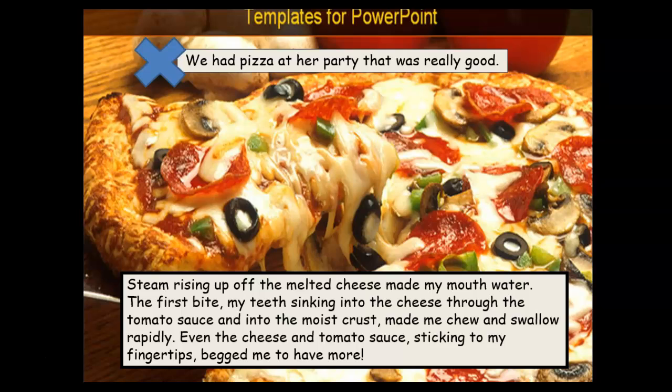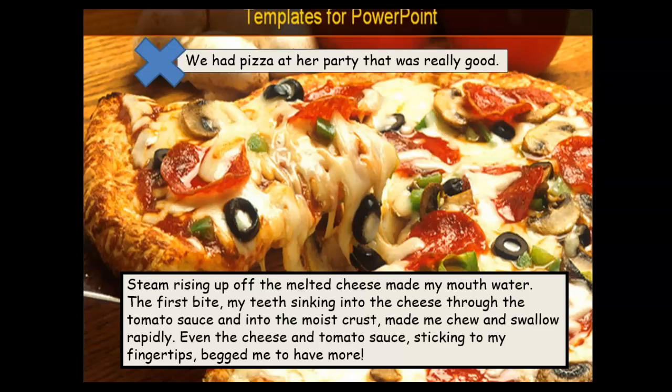"Steam rising up off the melted cheese made my mouth water. The first bite, my teeth sinking into the cheese, through the tomato sauce and into the moist crust, made me chew and swallow rapidly. Even the cheese and tomato sauce sticking to my fingertips begged me to have more."